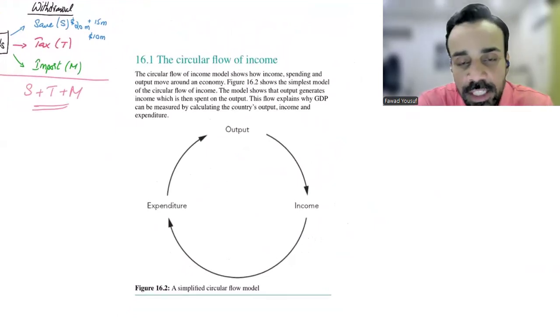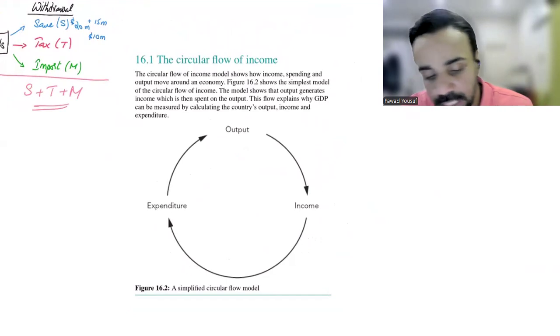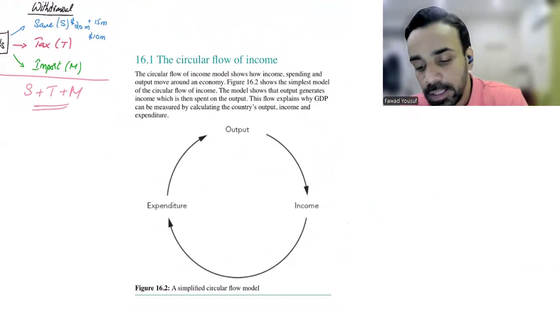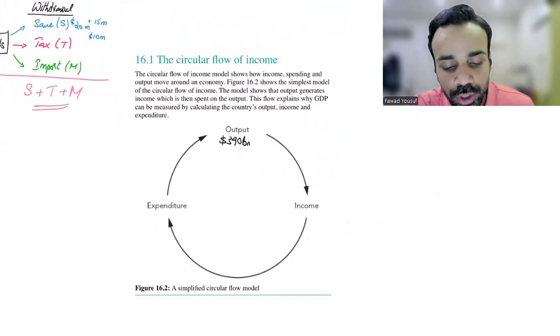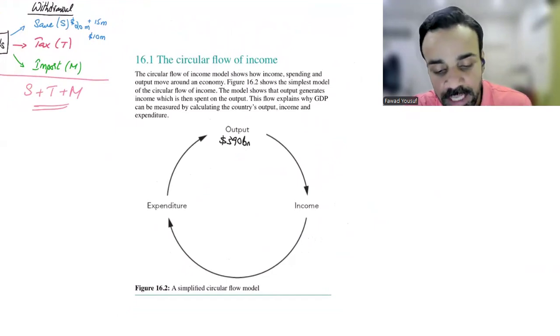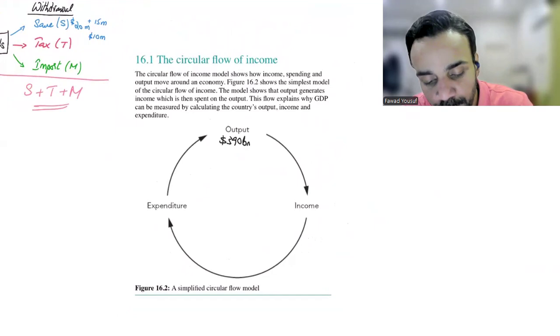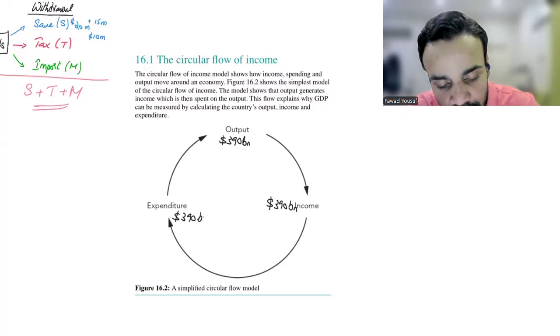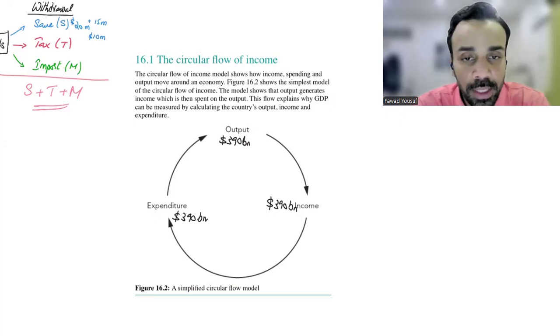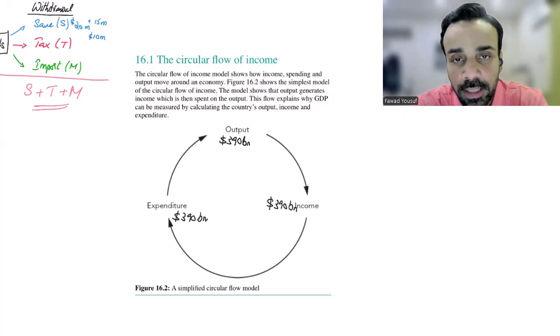ये एक सिंप्लीफाइड सर्कुलर फ्लो ऑफ इनकम मॉडल है. इसमें क्या हो रहा है? The 390 billion worth of Pakistani goods and services that has been produced is being bought by somebody, and the firms have to pay to the factor of production ke owner the income, and with that income, people show their expenditure and the economy is in a harmony. ये बहुत ही simplified है.